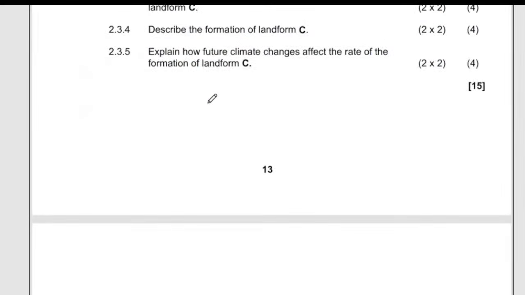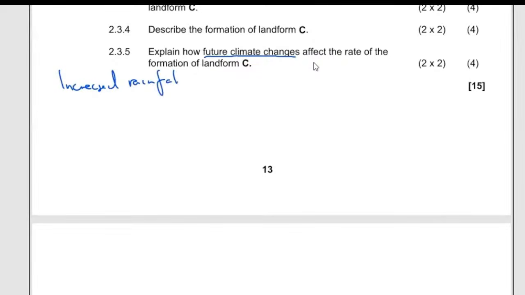Explain how future climatic changes affect the rate of formation of landform C. We want to highlight how future climatic changes can have an implication on the rate of formation. Let's look, for example, at increased rainfall.